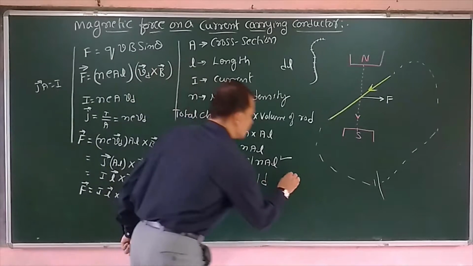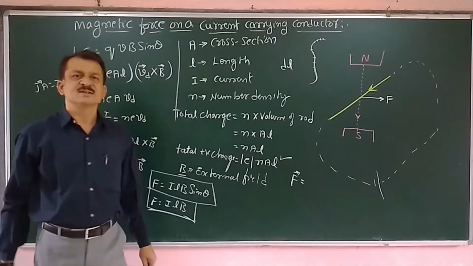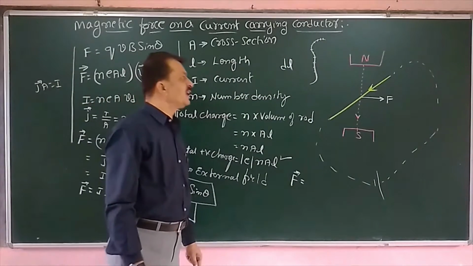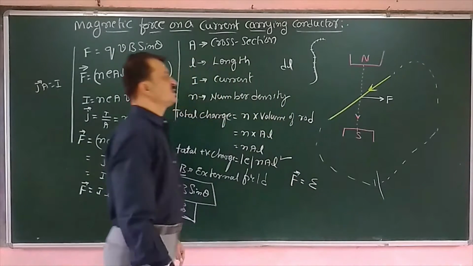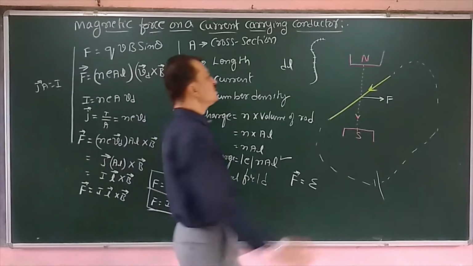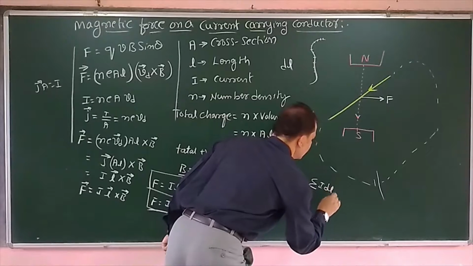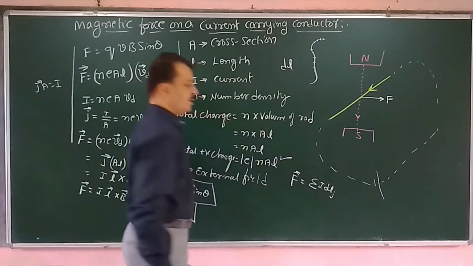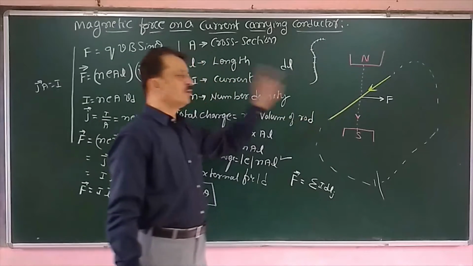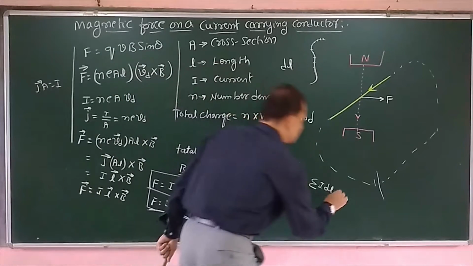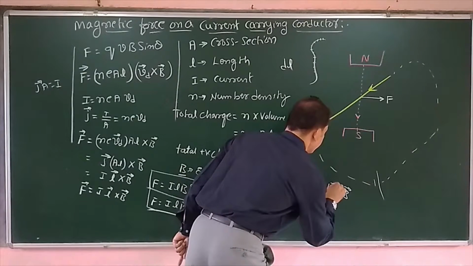Therefore, the force due to the entire set of small pieces in an arbitrary shaped conductor is given by a sigma notation. That is, it is the force due to these elementary pieces, I into dl with j, where j stands for the number of elements, cross the vector B, the magnetic field.